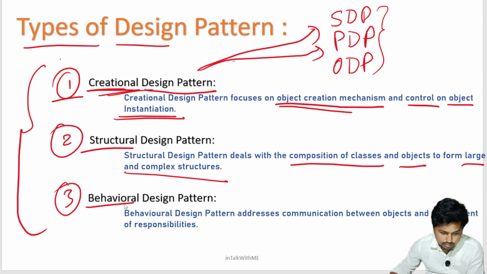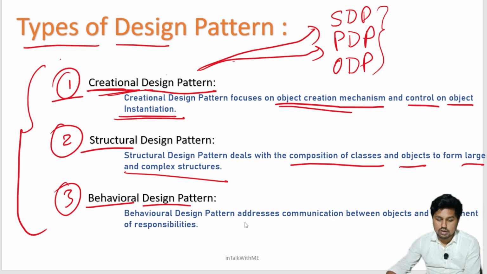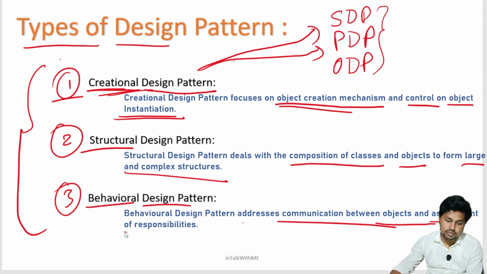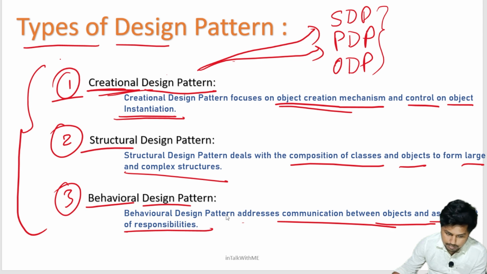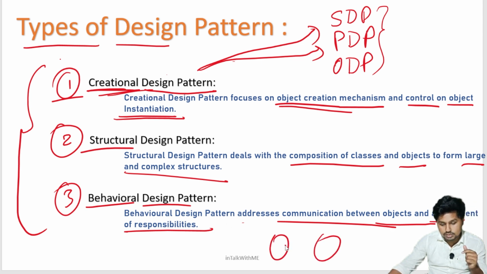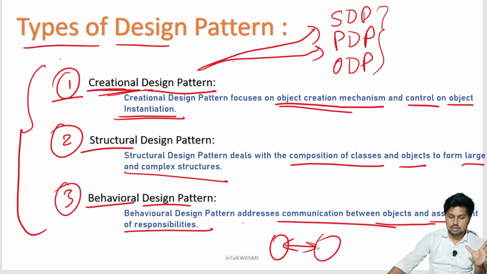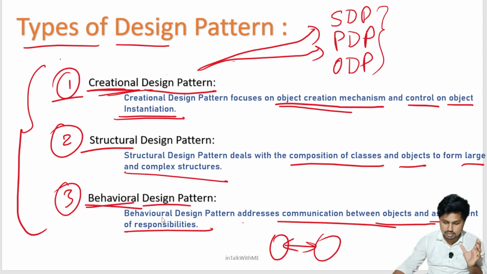Moving forward, we have the behavioral design pattern. Behavioral design pattern addresses communication between objects and assignment of responsibility. By example, if you can understand, this is mainly concerned with how two objects behave with each other. That's what a behavioral design pattern is.